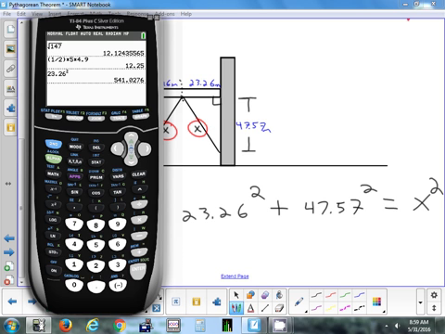Not 0.02. Remember, rounding is different than just chopping off the numbers. When we round, we have to follow rules when we round up or when we round down.